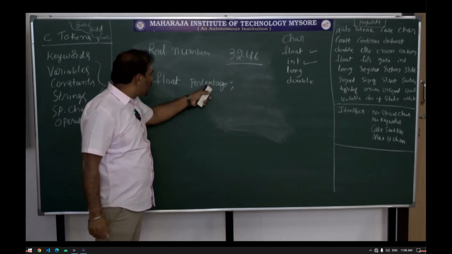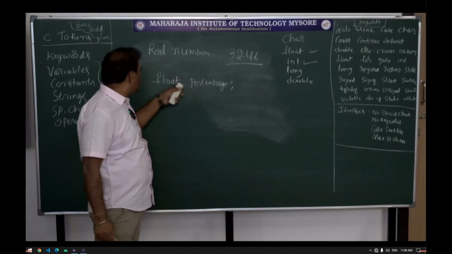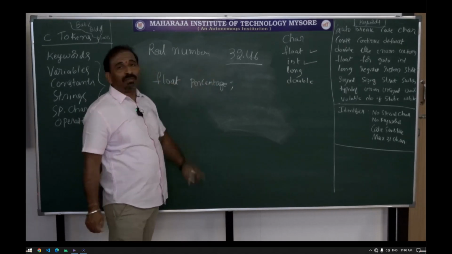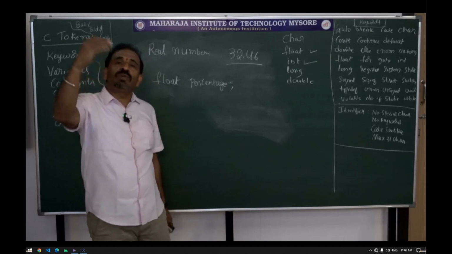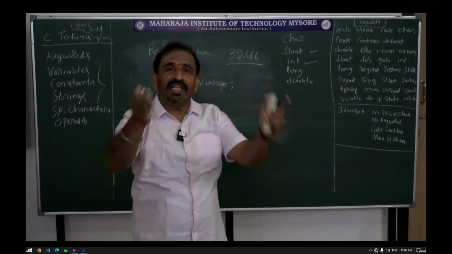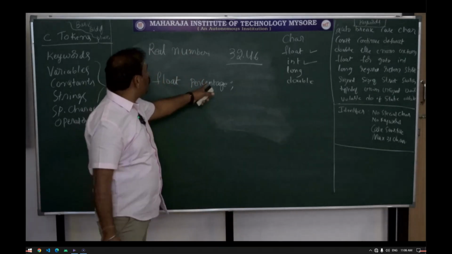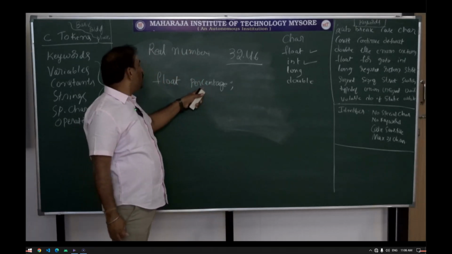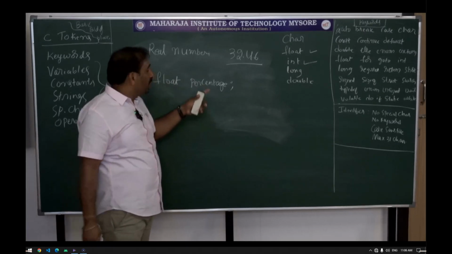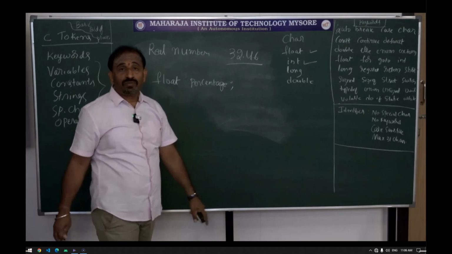When I say percentage is of type float, this can store any real number. Your percentage could be anything: 32.56, 73.59, any real number. So that can be stored in this. Any float number can be stored with this.